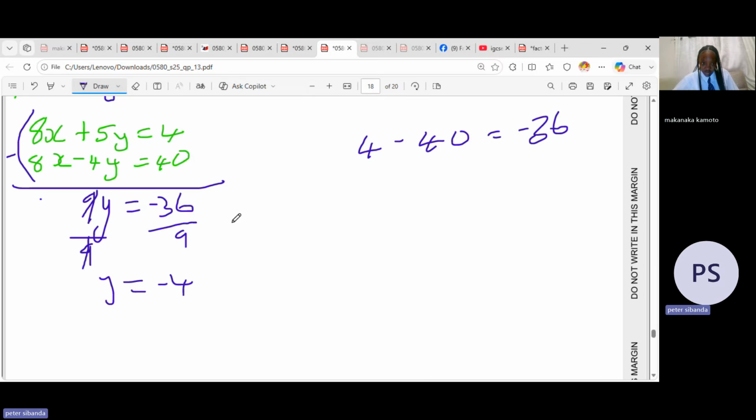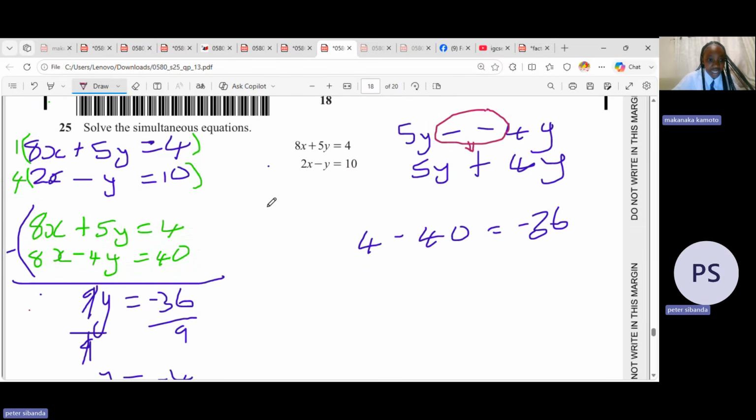How do we get x now? So now we're going to use the first equation. The first equation, which is 8x plus 5 multiplied by negative 9 is equal to 4.